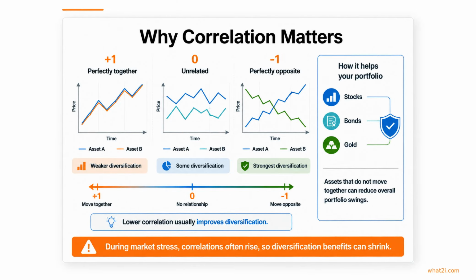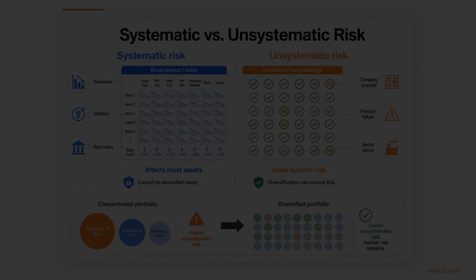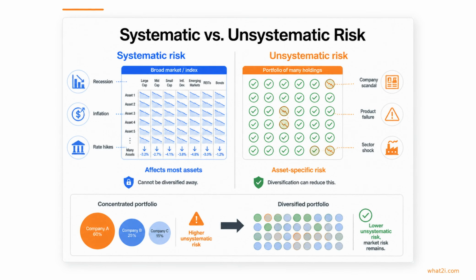A correlation of -1 means they move perfectly opposite, which is the strongest form of diversification in theory. In real portfolios, most relationships fall somewhere between those extremes. The practical lesson is that lower correlation usually improves diversification, but during stress markets, those correlations can rise and reduce the benefit. Portfolio risk includes both systematic and unsystematic components.